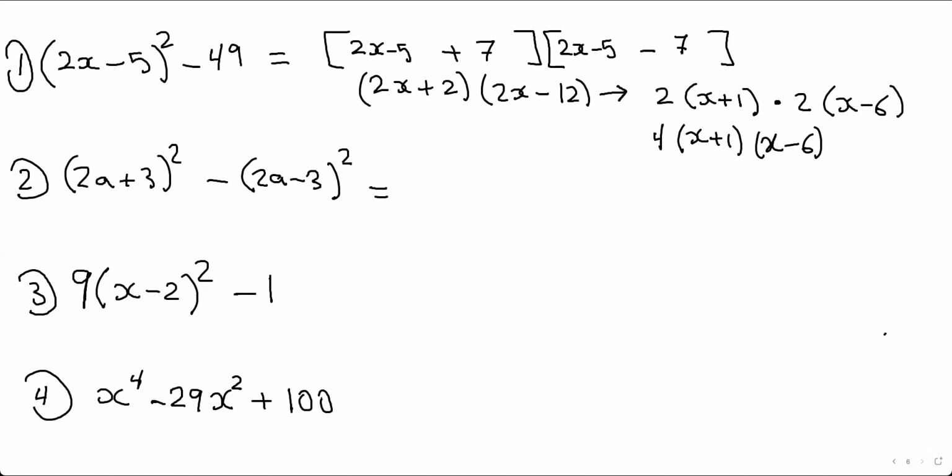How about here? Same thing. So all you need to do, you open two set of brackets. It's 2a plus 3, because the square cancels the square root. So you write that at the beginning right here.